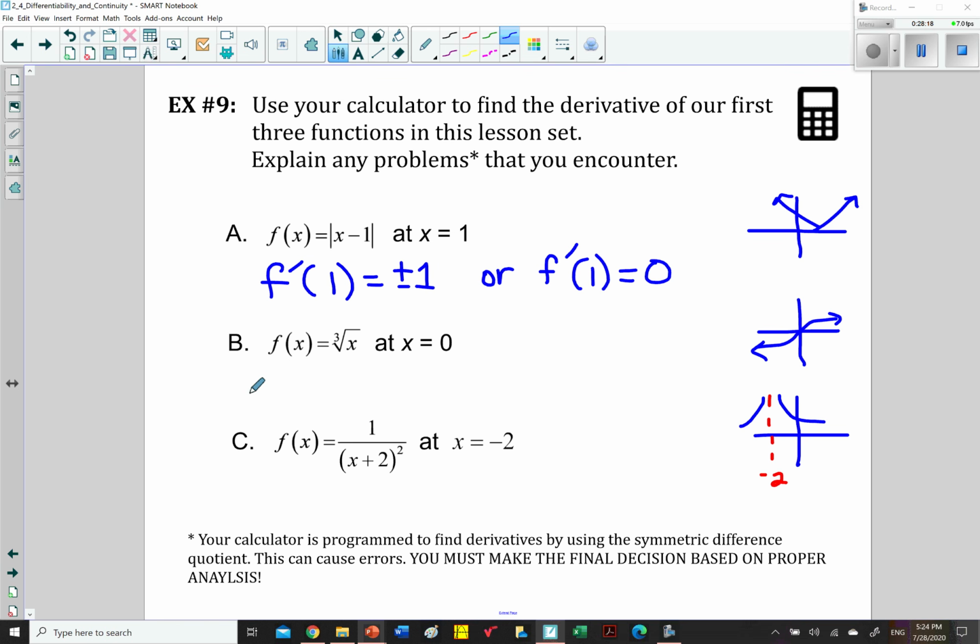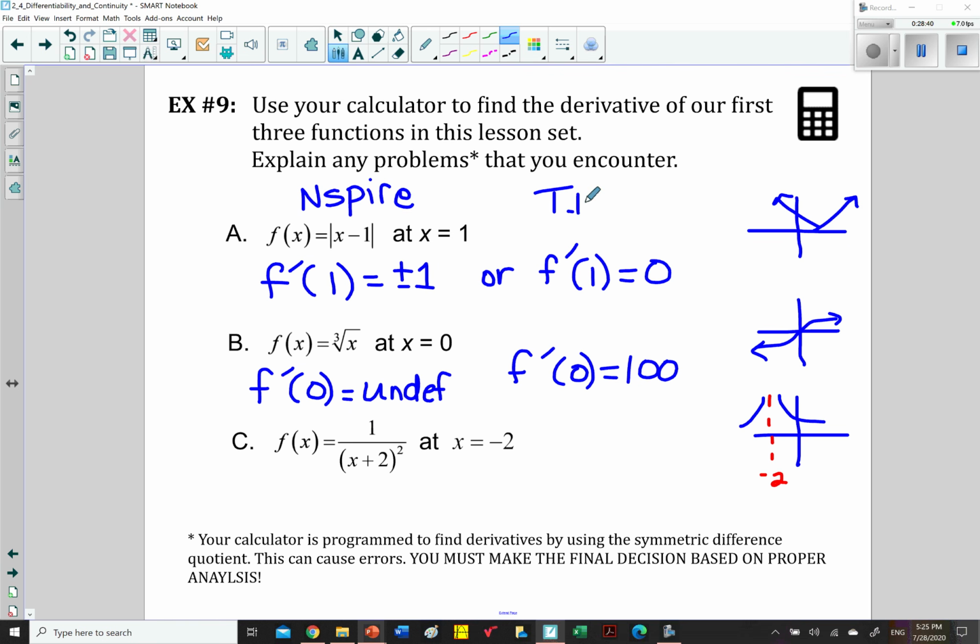On this one, the f prime of 0 on the Inspire shows me undefined. On the TI-84, the f prime of 0 shows me 100. You see the difference between the two? The Inspire has a little more sophistication than the TI-84.